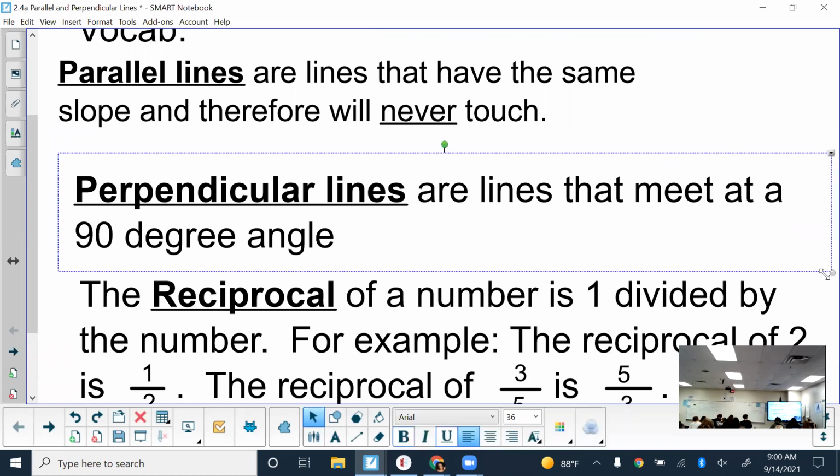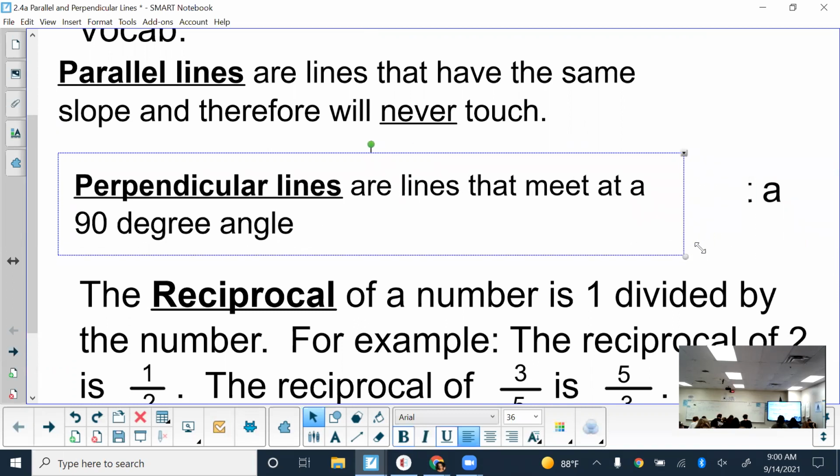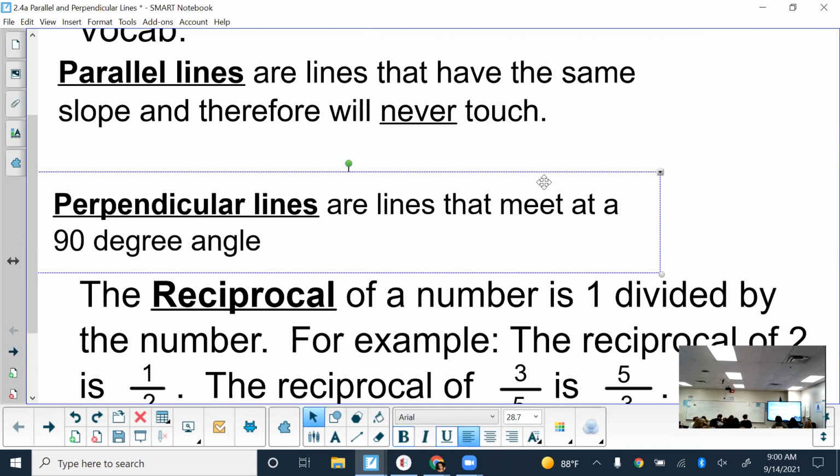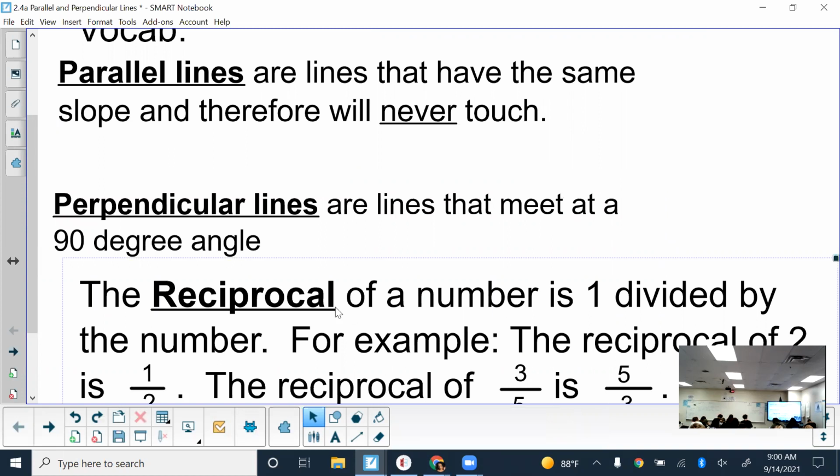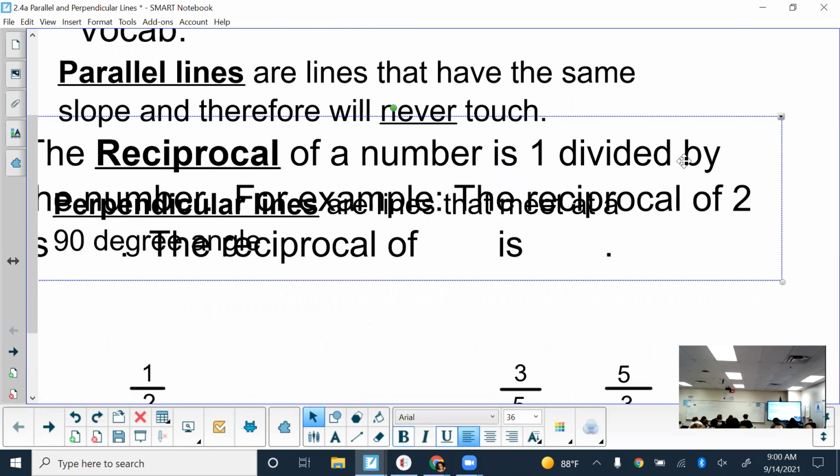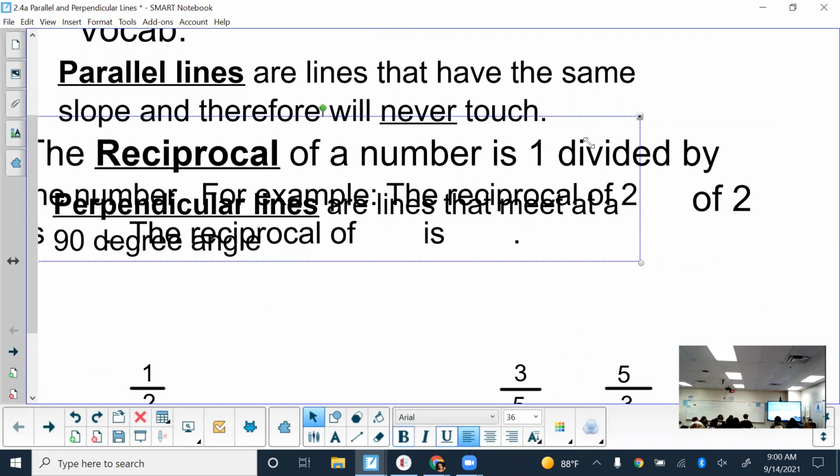I'll give you some examples and elaborate more. Let's write it down first. Then we have perpendicular lines. Those are lines that meet at a 90-degree angle. I'm going to change this one, sorry, I know it's ugly.